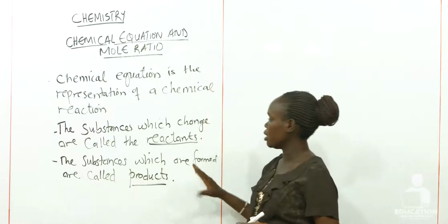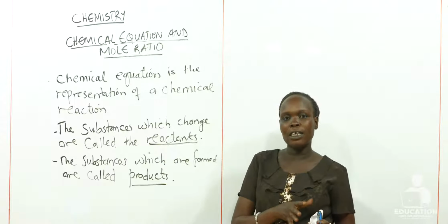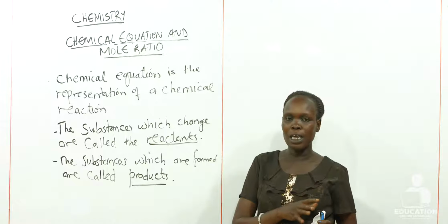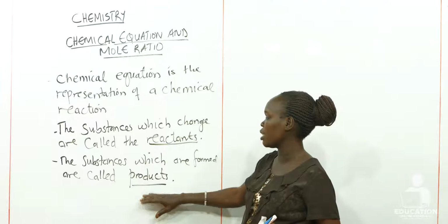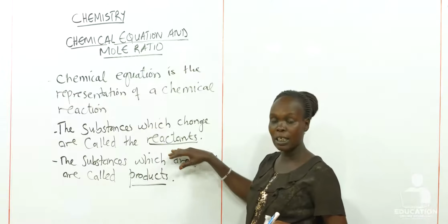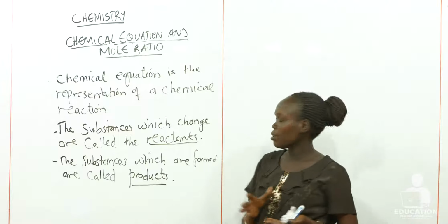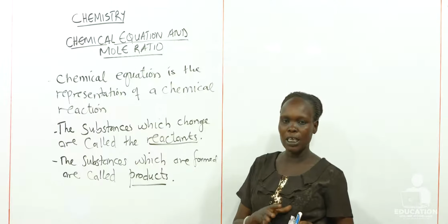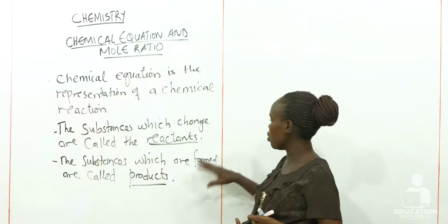The product represents the substances which are formed after the reaction of one or two atoms or more substances together, and this new substance we call the product. The reacting substances are known as the reactants. We can have atoms of the same substance reacting together, or substances of different atoms reacting together to form the new substances, which we call products.